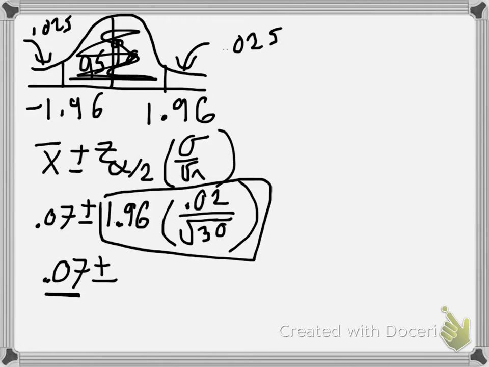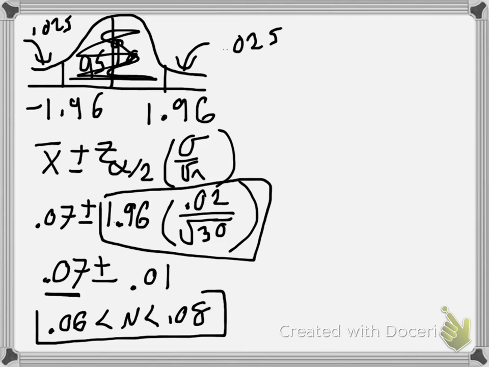So you have to limit it to that. If you do this math and round it to the proper place, it's 0.01. So that means that 0.06 is less than mu, which is less than 0.08. This is my confidence interval, guys.